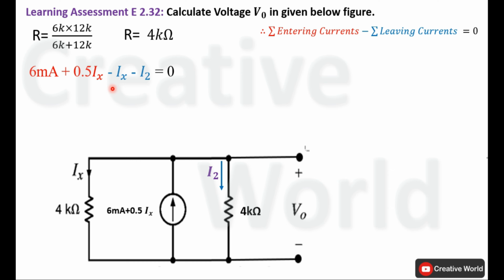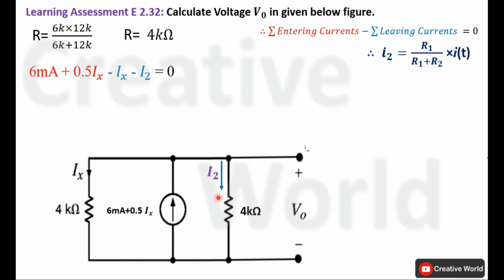This equation contains two variables. One is Ix and the other one is I2. So in order to have a single variable inside this equation, we will substitute the value of I2. And in order to calculate the value of I2, we will use the current divider rule. Basic equation of the current divider rule for this particular circuit is provided here.